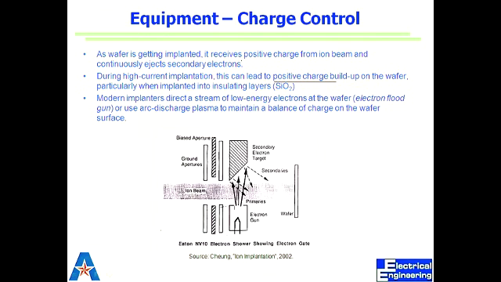Those charges not only come from the ion beam, but from the secondary electrons as well. So we stream a low energy electron beam to neutralize that charge, so it doesn't deflect the ions that are coming towards it. This is what is called an electron shower on the wafer, coming from this electron source here.